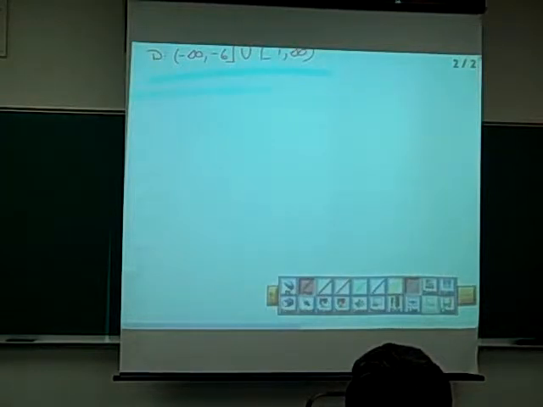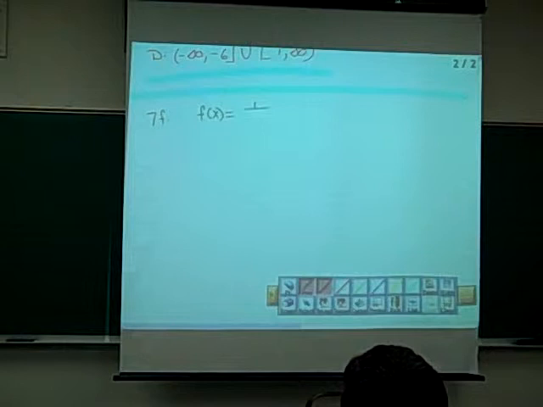For F, we've got f of x is equal to 1 over x minus 2, minus square root of 3 minus x.